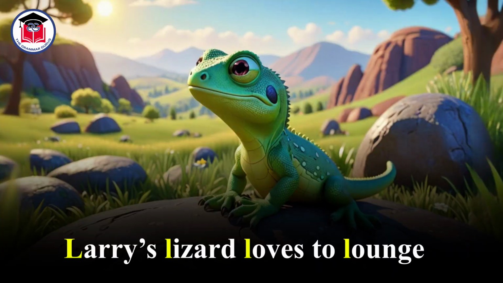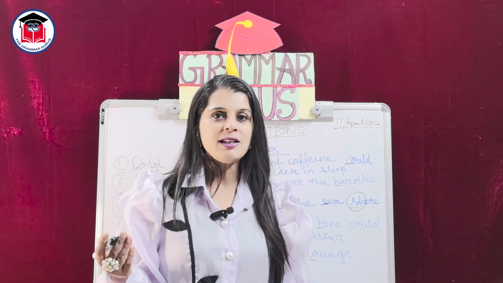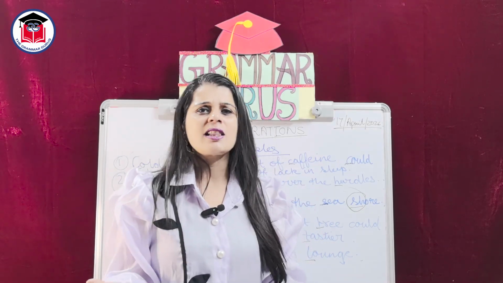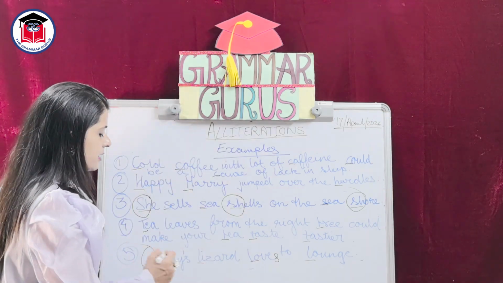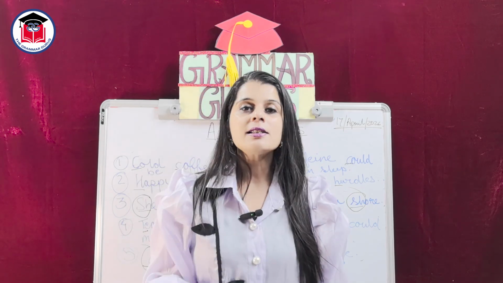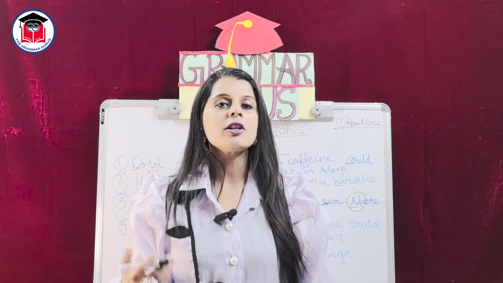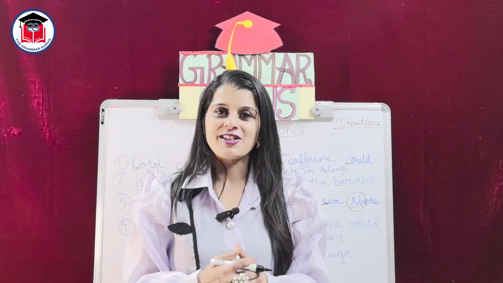Larry's lizard loves to lounge. Lounge means to lie in a lethargic or lazy manner. So, here the consonant sound L has repeated itself. This repetition of consonant sounds in a sentence is called alliterations.